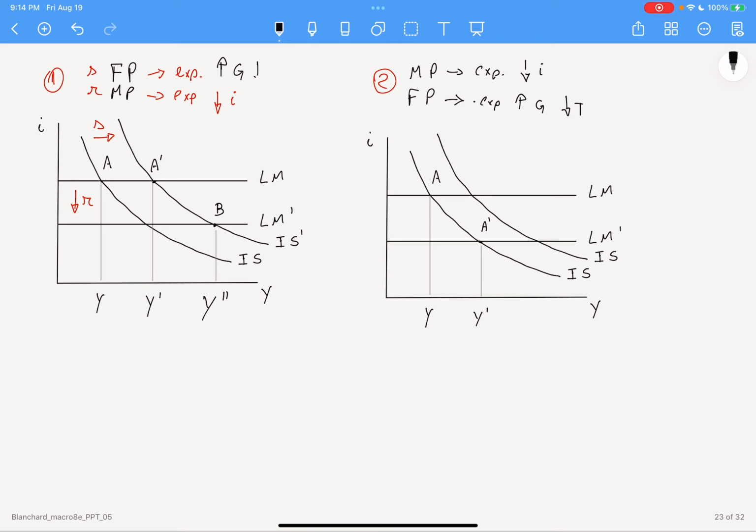Here's the same thing, right? Then we have this new guy here, and the equilibrium is going to be here, which is the point where the two new curves are going to match. So, as you can see, both of them are giving me the same thing, right?